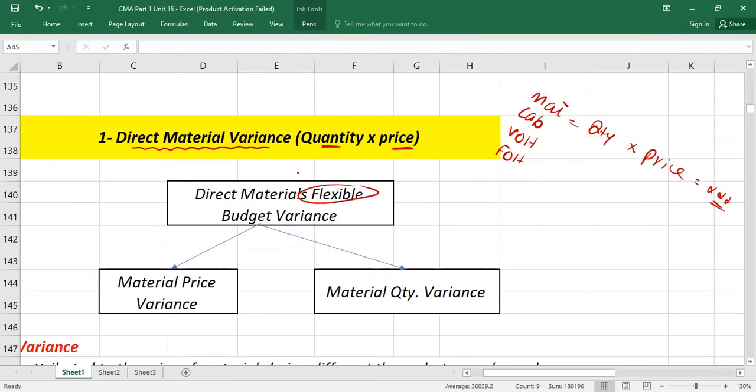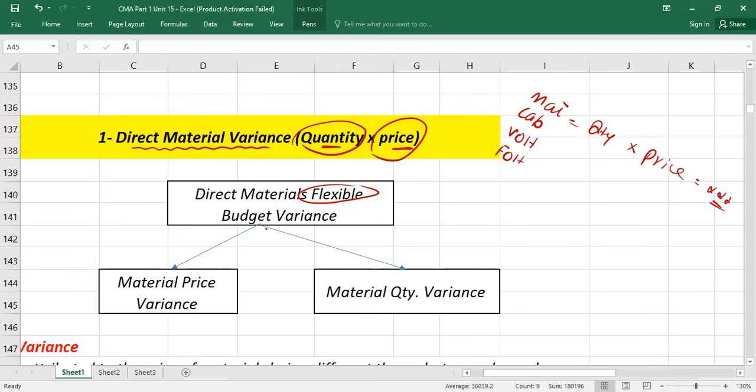Variance can arise either due to change in quantity, maybe your actual quantity is different from the flexible quantity, or variance can also arise due to change in price. So there are two types of variance which we have to understand.